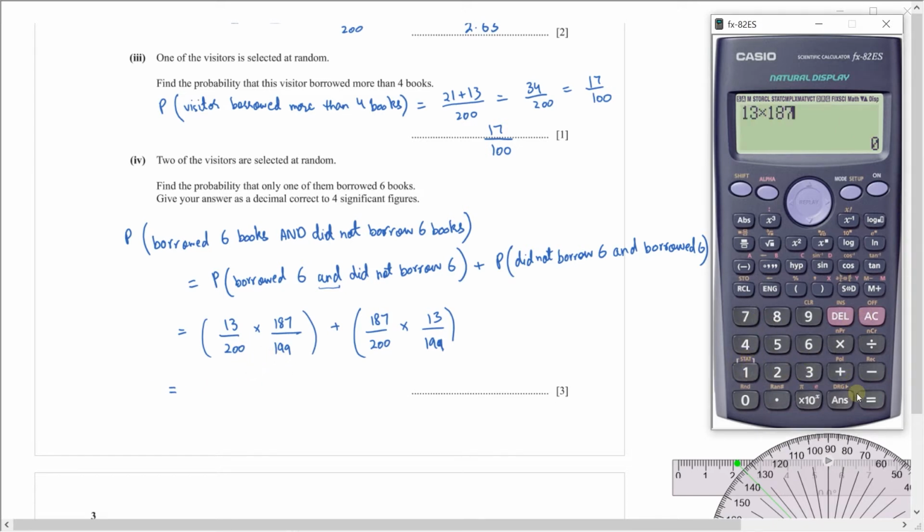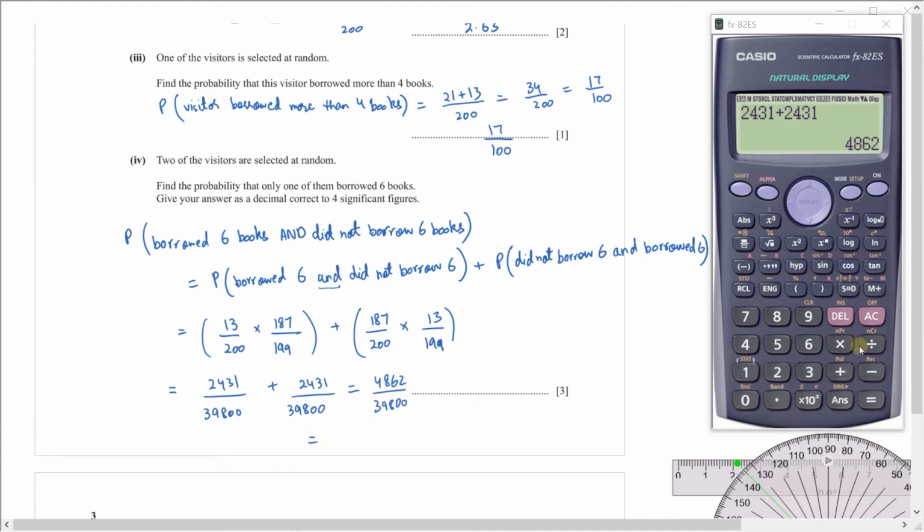13 times 187 is 2431 divided by 200 times 199, which is 39,800. Plus 187 times 13 will be again 2,431 divided by 200 times 199, which is 39,800. So 2431 plus 2431 is 4862 divided by 39,800.